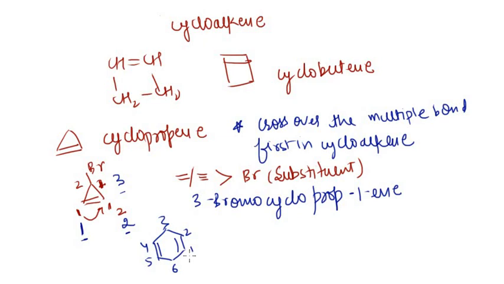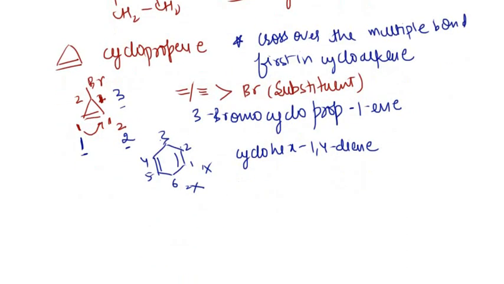Now if I am starting the numbering of the double bond, then I have to cross 1 2 3 4. If I give it 1 2, then it will be wrong. If I think there is a third number and then another double bond, and here it is 4, but still if I am giving the number, it is first, then I have to cross it over. So it is cyclohex 1 4 diene, cyclohex 1 4 diene.